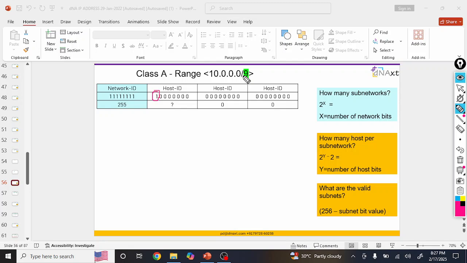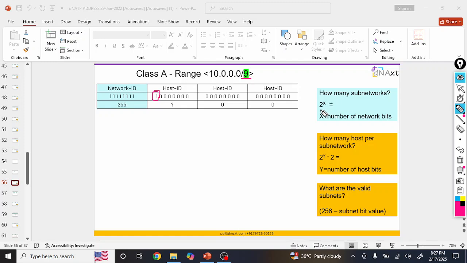When we say it is /9, that means 9 bits are of the network, out of which 8 bits are the default network bits and 1 bit we have borrowed into the network so that we can slice up our network. Okay, so how many subnetworks will we get?